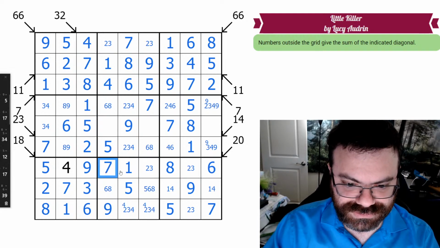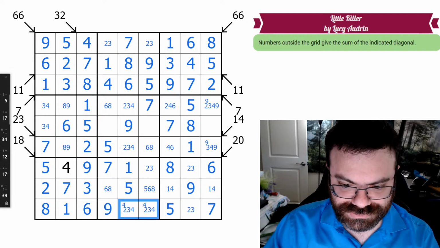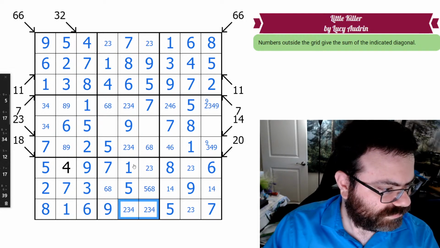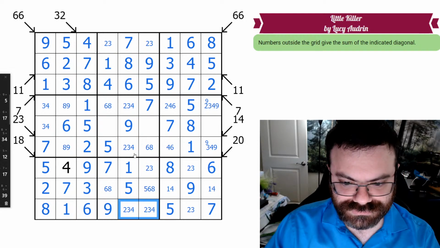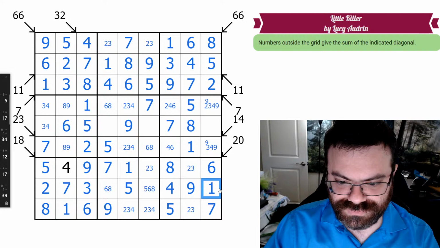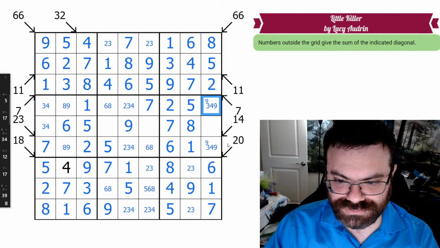This is 7. This is 4, this is 1, 6 and 2. This is 3 or 4.